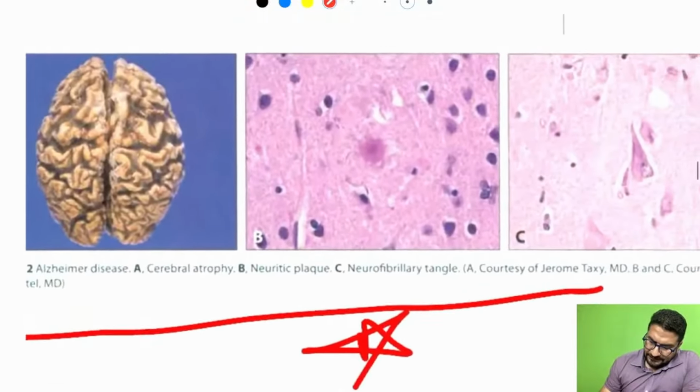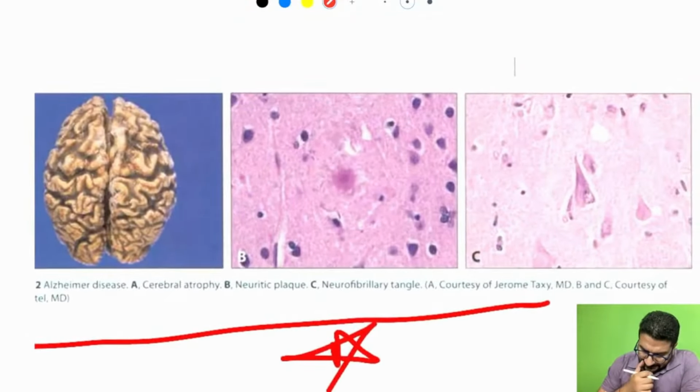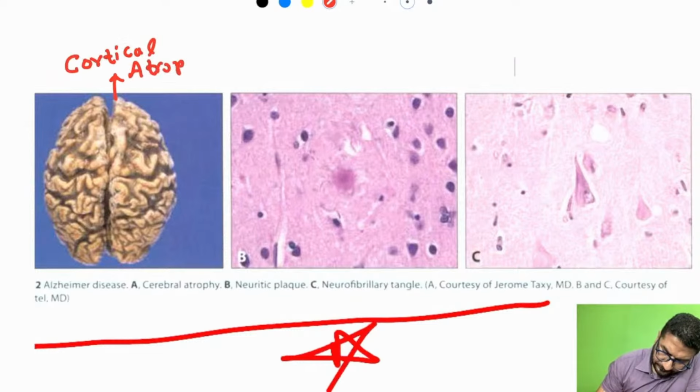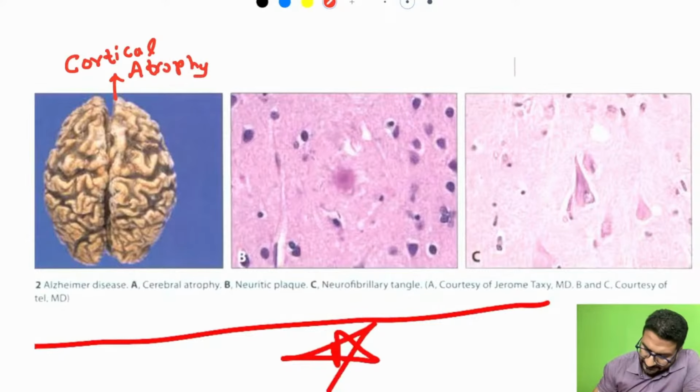Okay, then focus on this. You can notice atrophy of the cortex, a cerebral or cortical atrophy. Then you can notice these plaques, neuritic plaques.